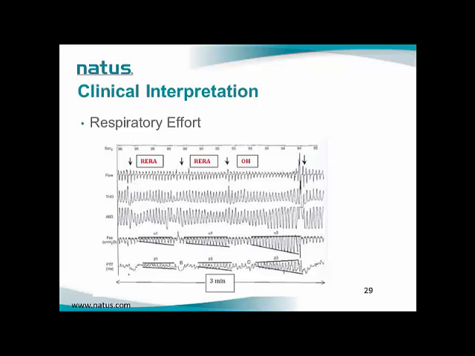In this example, flow shows 3 events. The first 2 events have slight reduction in the amplitude that are not hypopneas. To score them as respiratory event-related arousals, correlated arousals should be present.